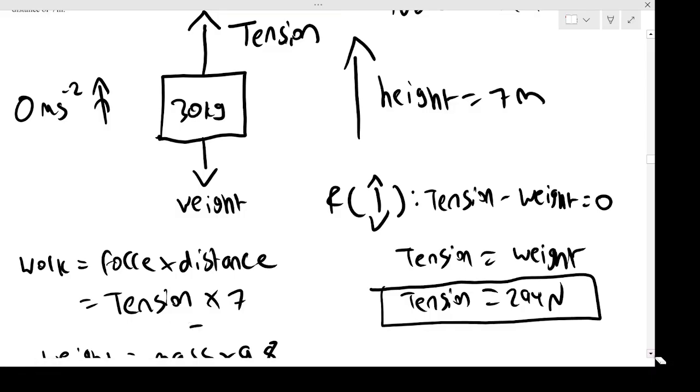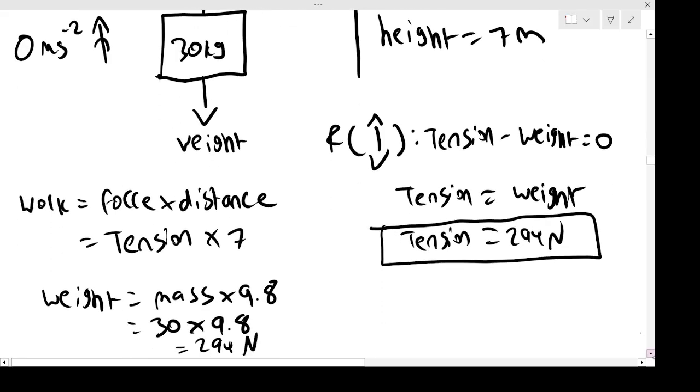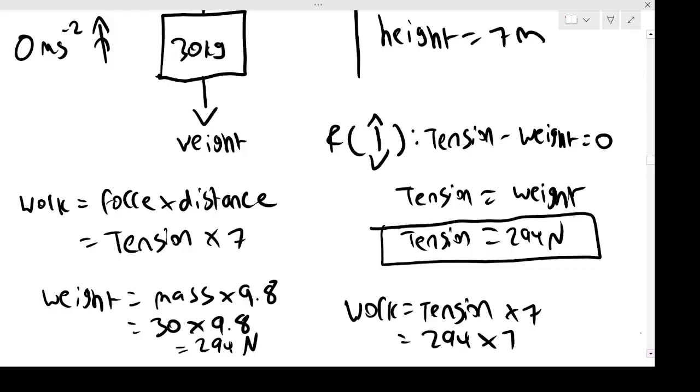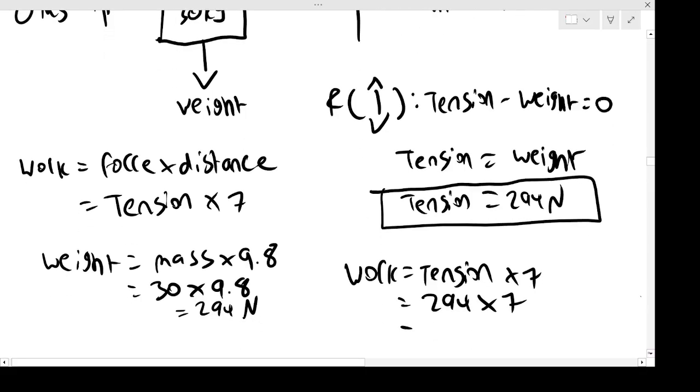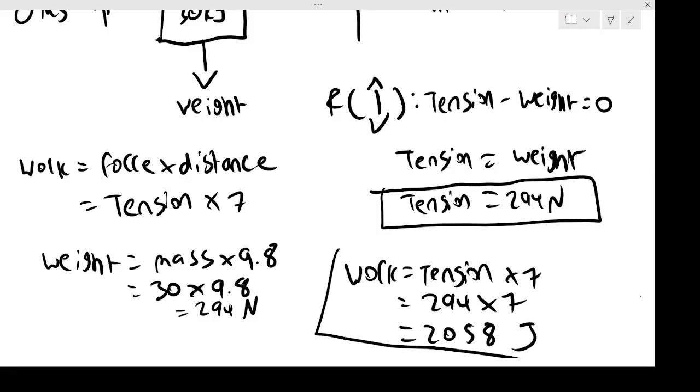Actually, I'm going to do it down here. Work is tension times 7 for the distance. So that's 294 times 7. That'll get me the work to be 2058 joules. And there we are.